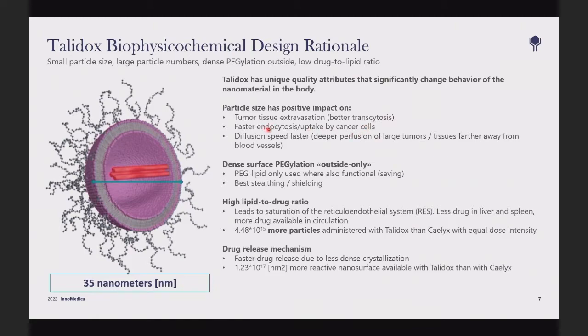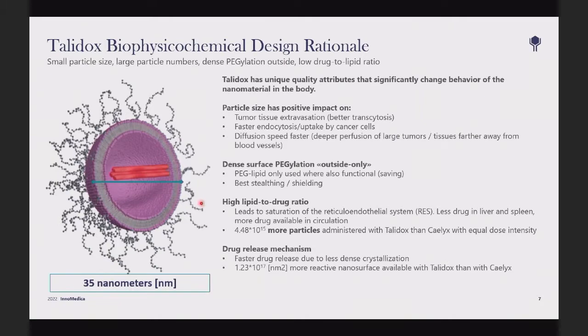Also faster uptake and better diffusion, so it gets deeper into the collagen matrix, for example. Then we have very densely pegylated the surface, and we have made sure that the PEG chains only point outward, as inward-facing PEG chains are basically non-functional and are not needed. So making that very dense has the advantage that the shielding effect gets maximized.